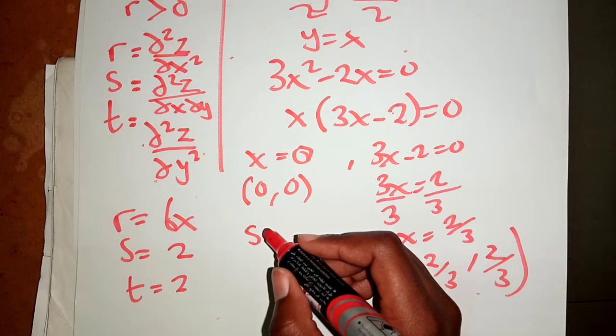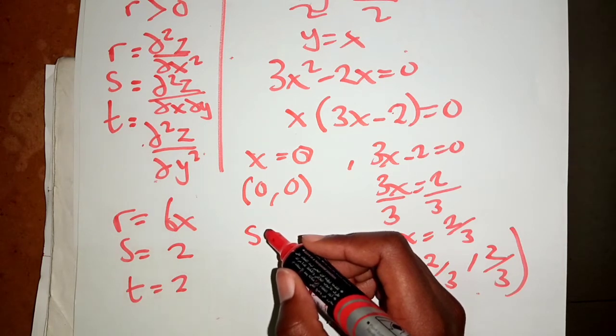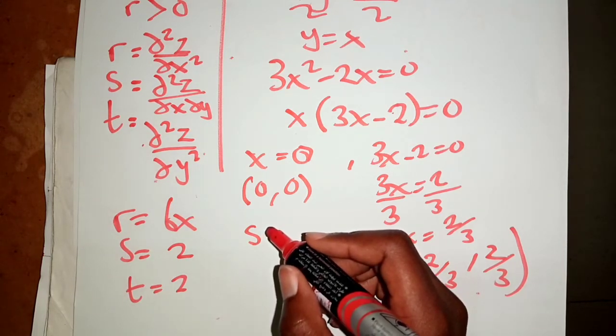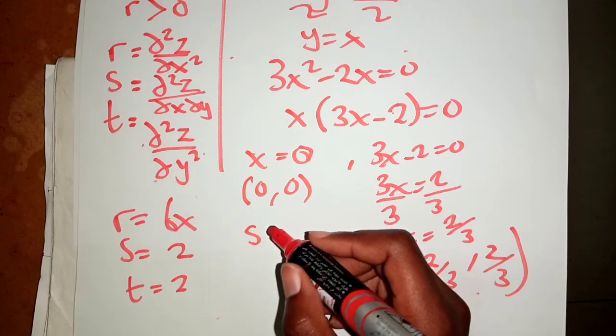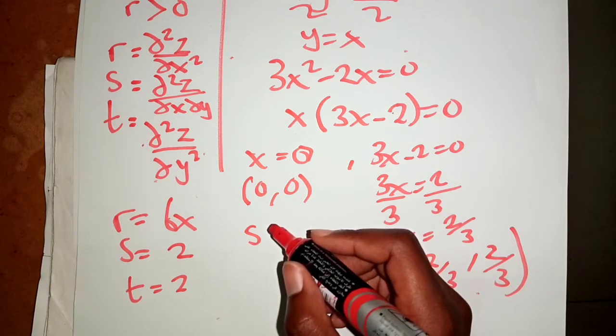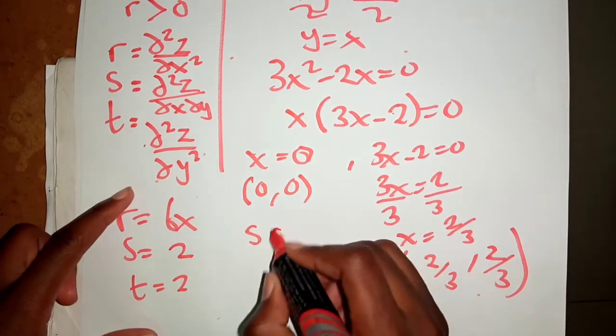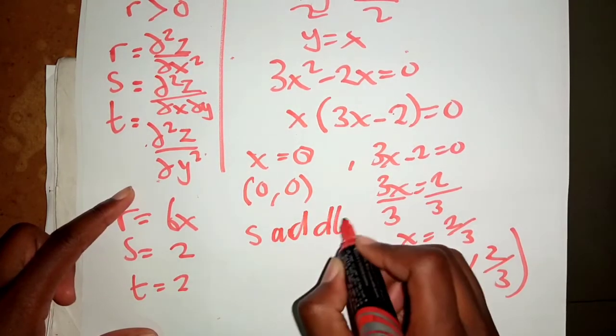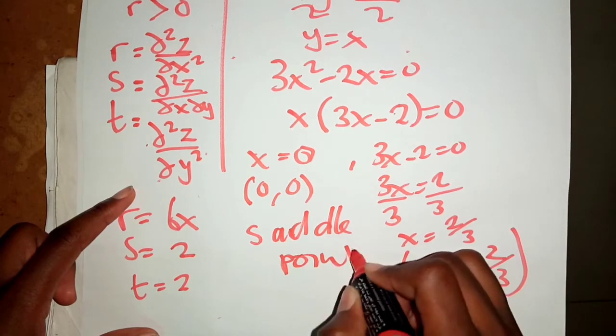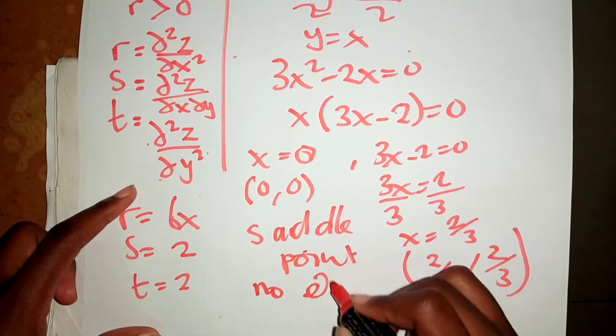You can say there is no extreme value there, and thus you can conclude that this one here is going to be a saddle point. So you can say saddle point, no extreme value.